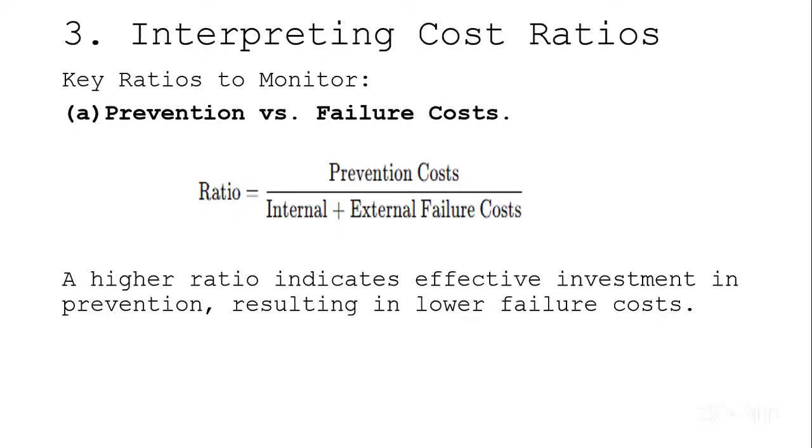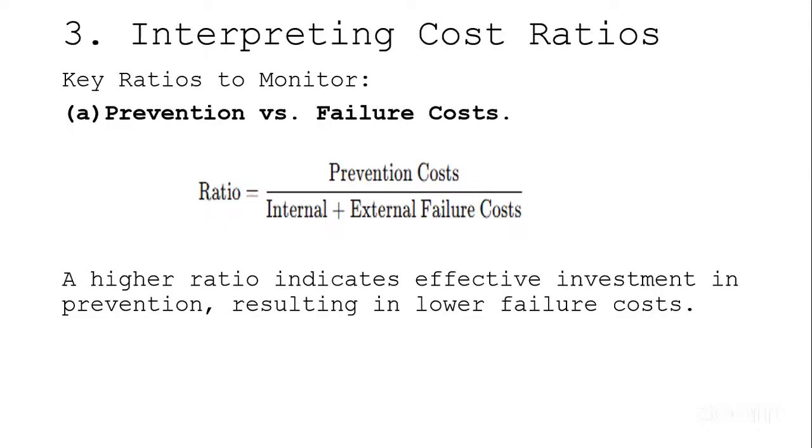So this ratio is achieved by dividing preventive costs by the summation of internal and external failure costs. You have preventive costs, then internal plus external costs. Divide preventive costs by a summation of the internal and external costs.